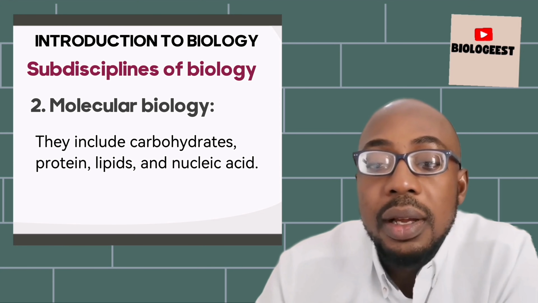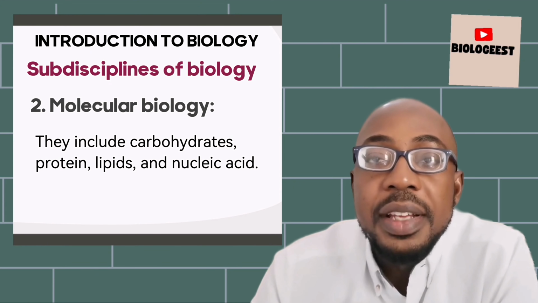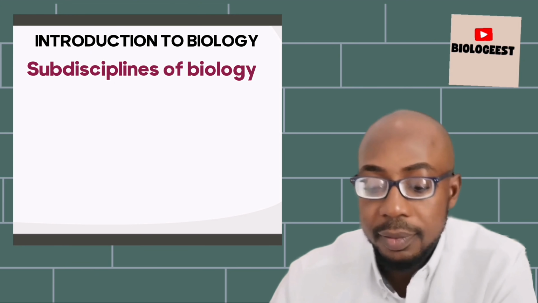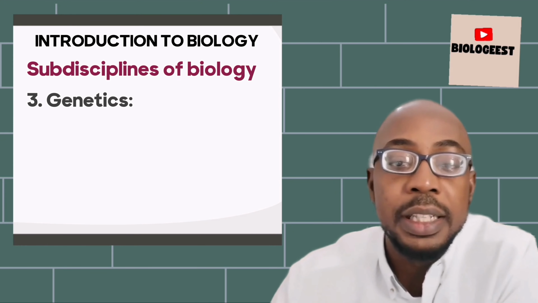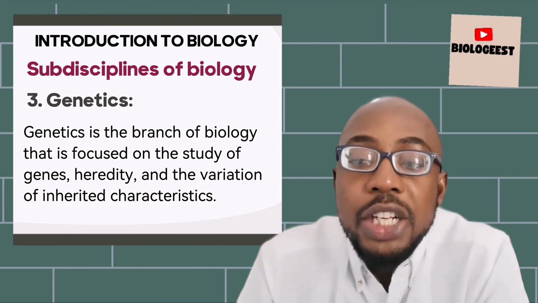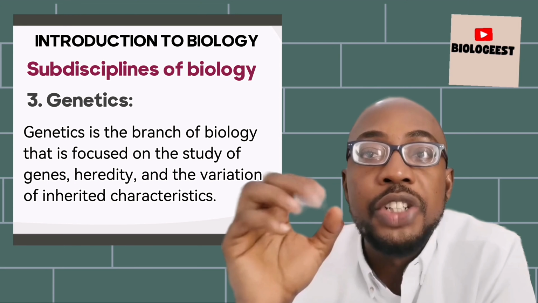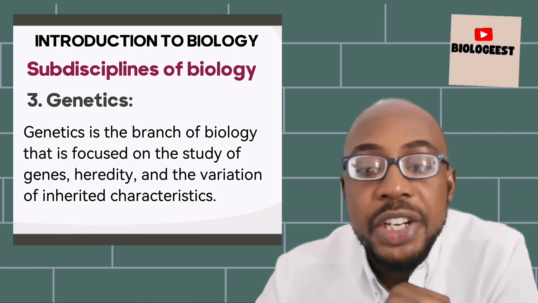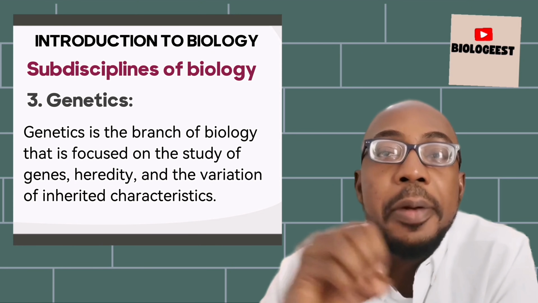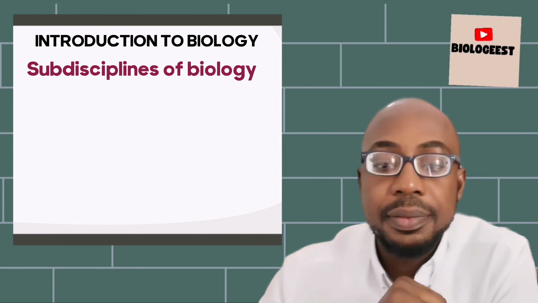They include carbohydrates, protein, lipids, and nucleic acid. Another sub-discipline is genetics. And genetics is the branch of biology that is focused on the study of genes, hereditary, and the variation of inherited characteristics among organisms.